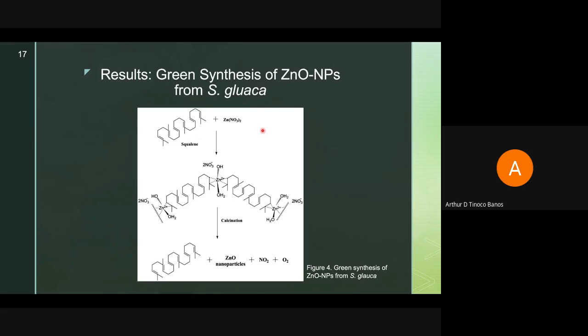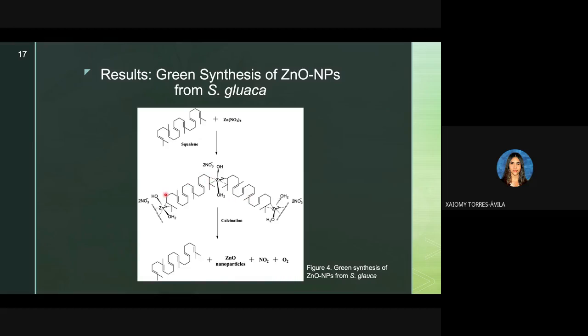My question has to do with this proposed synthesis, where basically there's an extract from S. glauca, and you're showing this squalene that appears to be involved. So what exactly is this compound doing to enable the formation of these zinc oxide nanoparticles as facilitated by this combustion step?